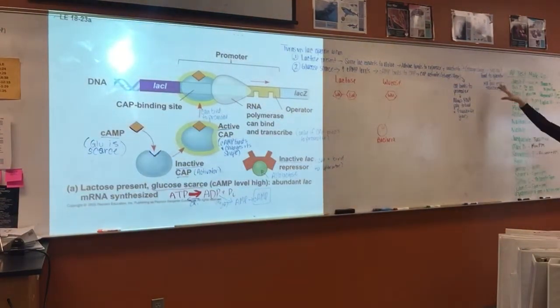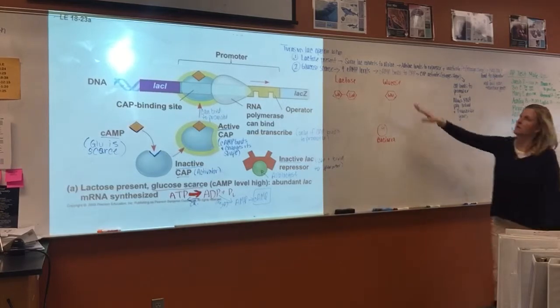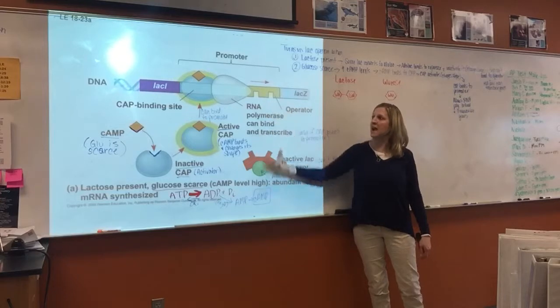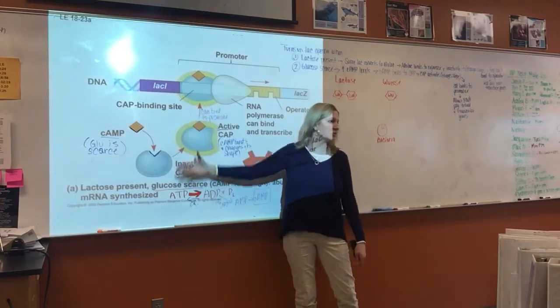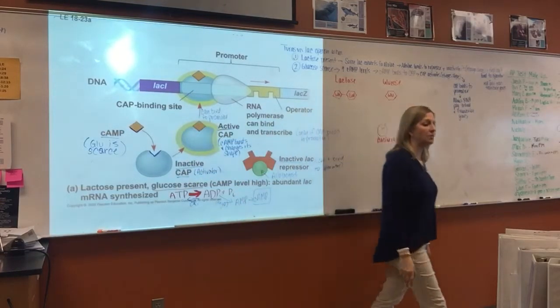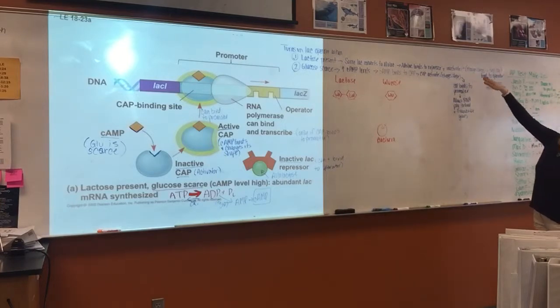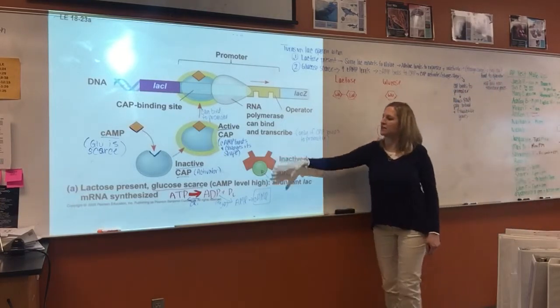So even if you have number one all done in the cell, so you have this inactive repressor not binding to the operator, if you don't have number two, the active CAP protein, then your genes are still turned off. So both of those have to happen together. The number one, lactose inactivates the repressor.